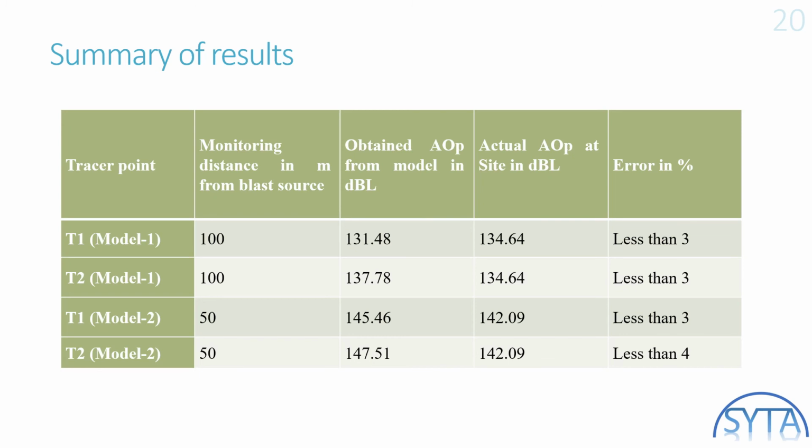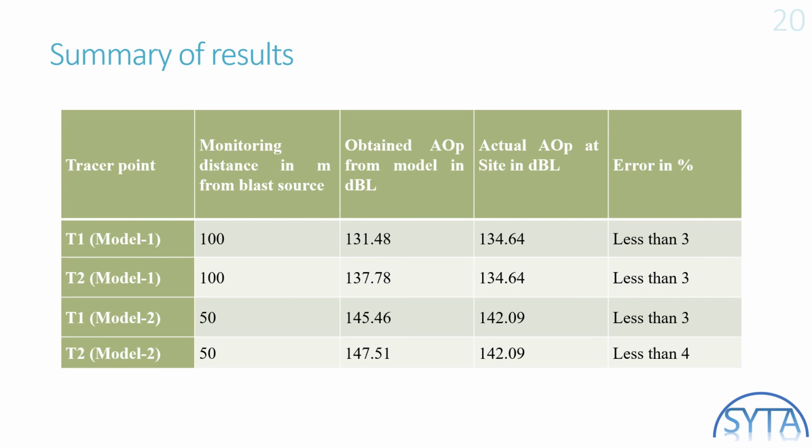Comparing the model 1 air pressure with the actual air pressure at the site in decibel, which is 134.64 for tracer 1 and 134.64 for tracer 2, the error is less than 3%.